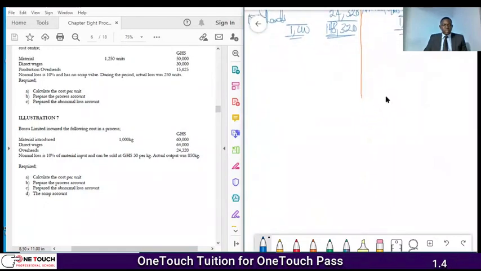The next thing for us to do is prepare the abnormal loss account.